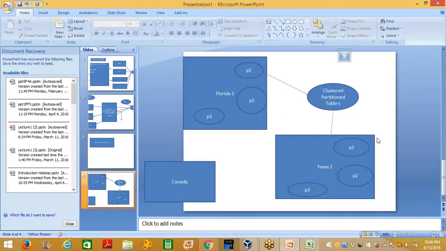Clustered partitioning tables, right? Okay.